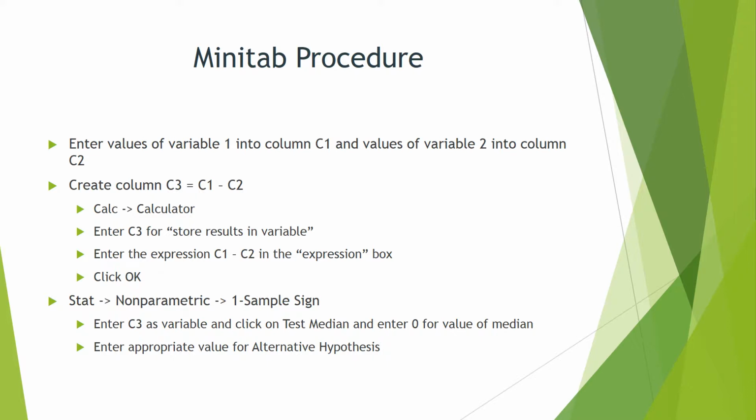Because of that, I only assigned 1 or 2 problems that involve matched pairs, and the data set is only about 10 values long, because those of you with a Mac using Minitab Express are going to have to calculate those differences by hand. So you're going to take the first sample point in sample 1 minus the first one in sample 2, enter that difference into Minitab, and then after that you'll do it the same way.